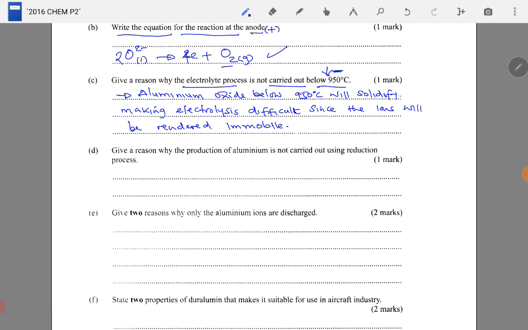Yes, that's the point. Give a reason why production of aluminium is not carried out using reduction process.